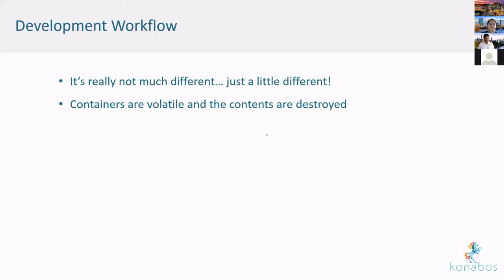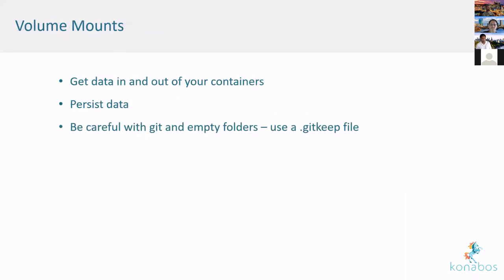But that leads to questions like, well, I need my databases and that kind of stuff. I still want to keep those things. I don't want to have to redeploy every single time I start the instance back up. And that's where volume mounts come in. The volume mounts will map a folder from your local machine into the Docker container itself, and then you're sharing data in a two-way process between both of these things.